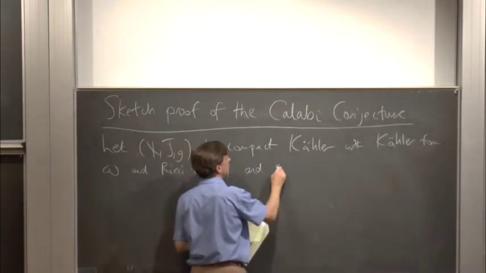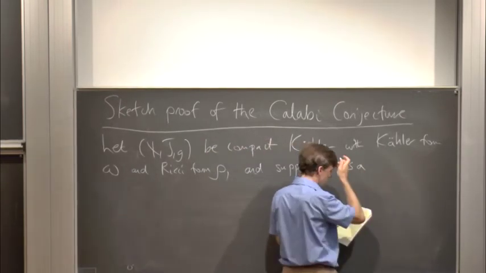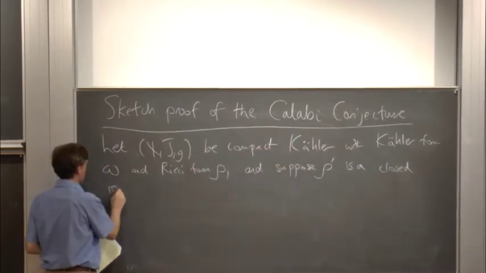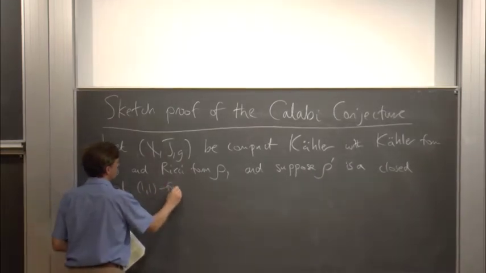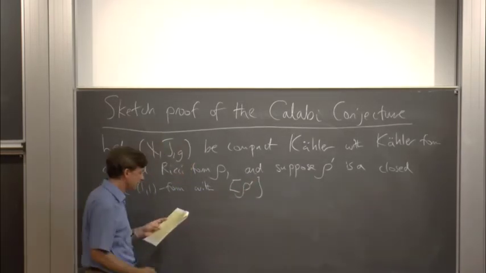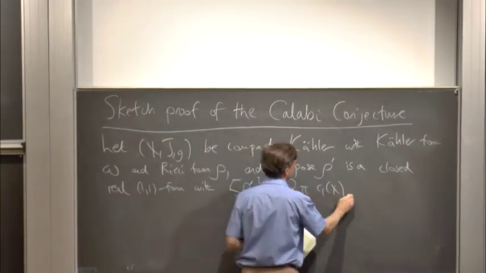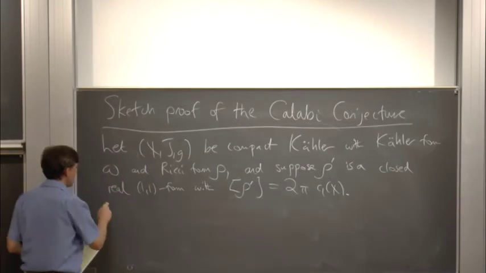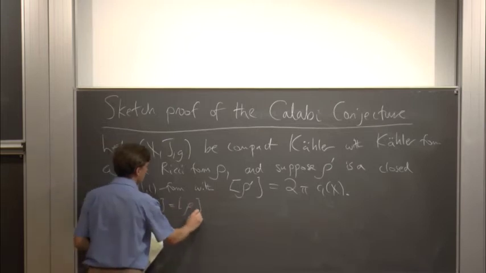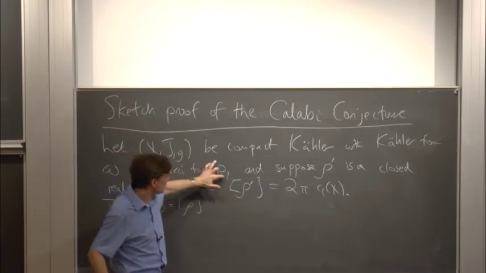And let's suppose rho prime is a closed real (1,1) form with the de Rham cohomology class [rho prime] equal to 2 pi times c1(X). Well, so then the cohomology class of rho prime is the cohomology class of rho, because rho is actually a Ricci form, and therefore it has the de Rham cohomology class 2 pi c1(X).